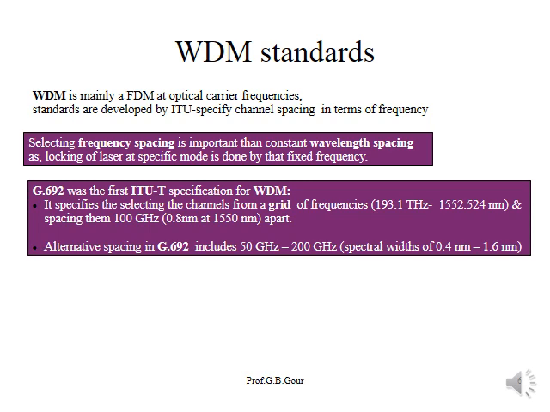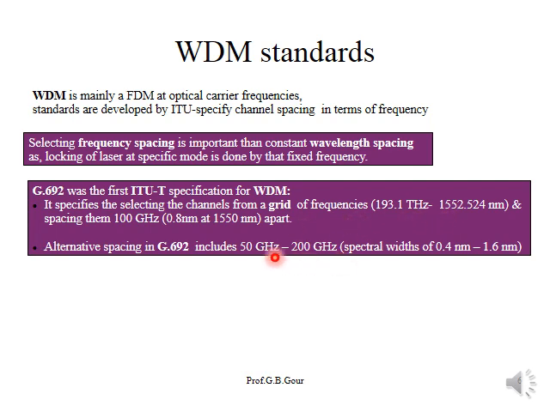So the first standard proposed by ITU-T is G.692, which ranges from 193.1 terahertz with 100 gigahertz spacing, with wavelengths ranging from 1550 to 1552.52 nanometers. That is the range.